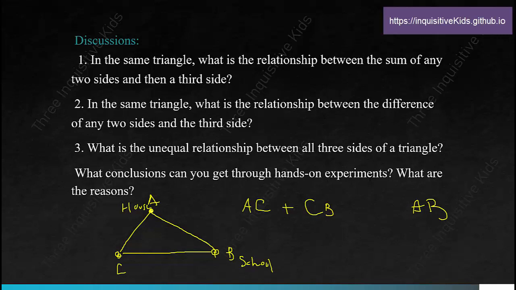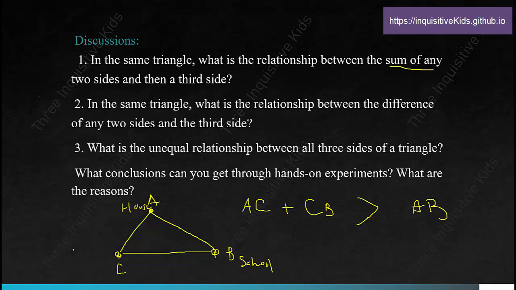AB would just be from A directly to B, which is the school. But AC plus CB would be starting from A to C, then to B. So it is obvious that AC plus CB is greater than AB. And as you do this for any of the other combinations of sides, you see that the sum of any 2 sides is always greater than the third side.